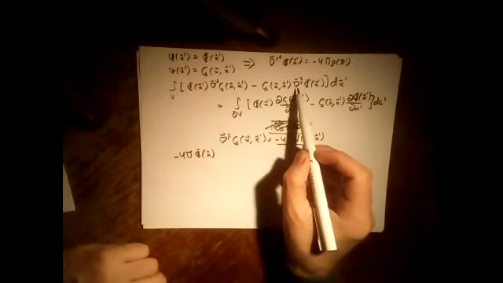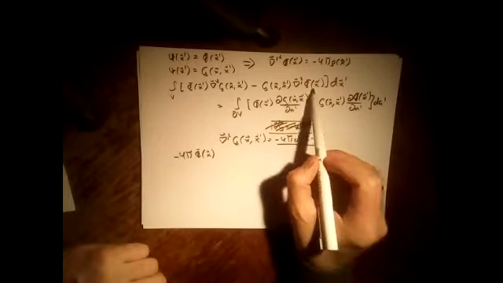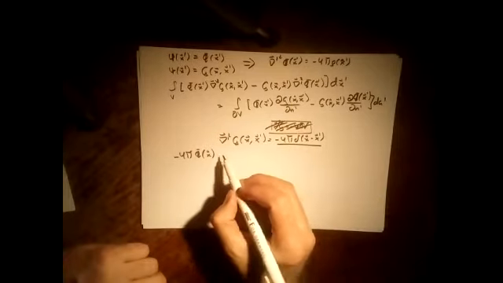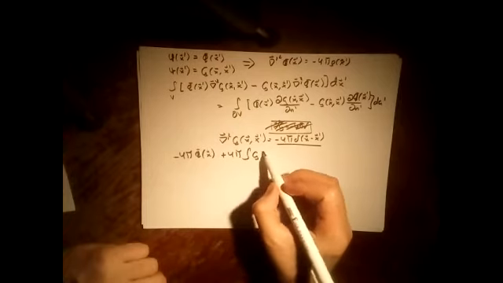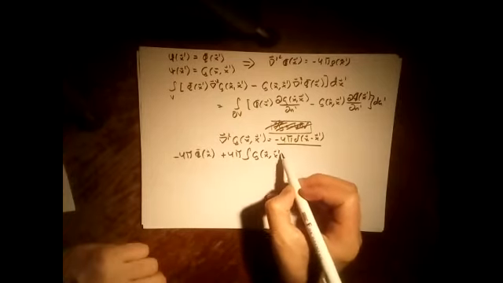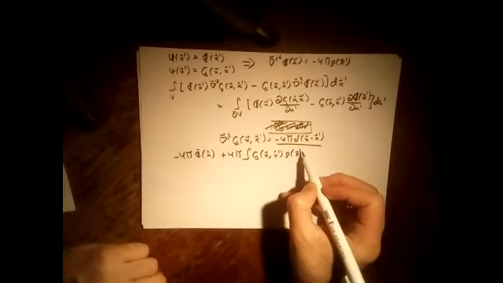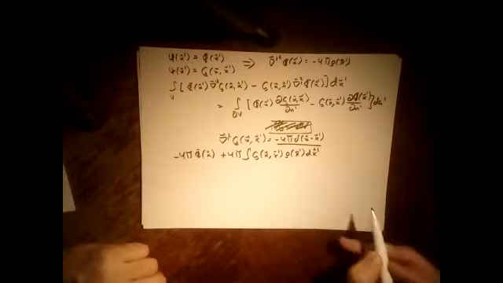Here I would have 4 pi times the charge density, because here I have the Laplacian of phi. So I will also have 4 pi integral G of x, x prime, rho of x prime, dx prime. And this equals that.